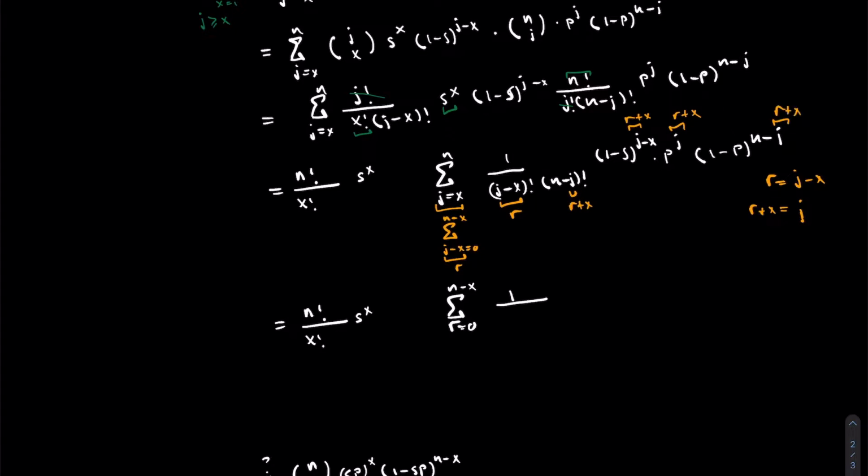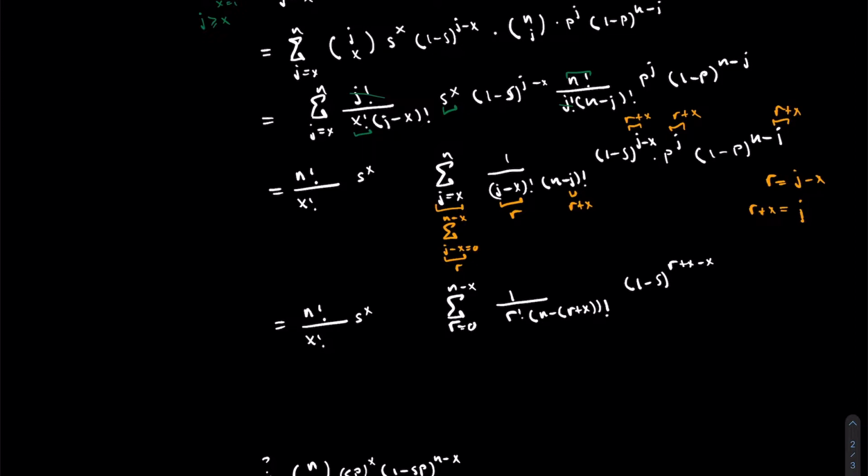Okay, let's see what we end up with here, and we will have some more terms that we can liberate from this sum. And so we have r factorial, we have n minus r minus x factorial. Then we have the 1 minus s to the r.